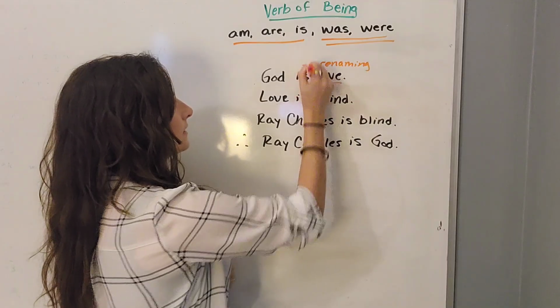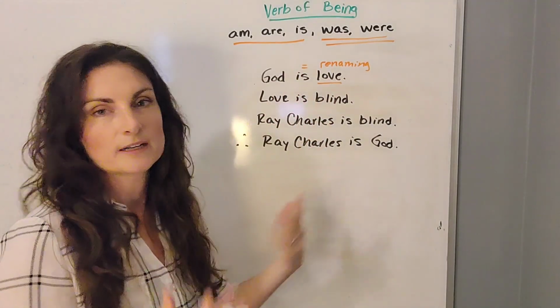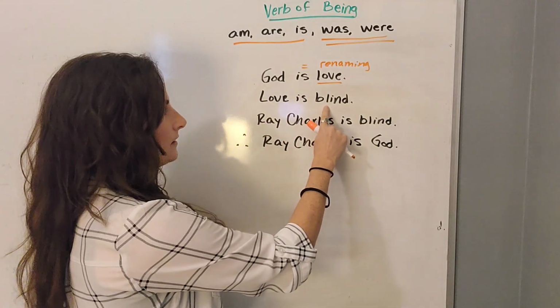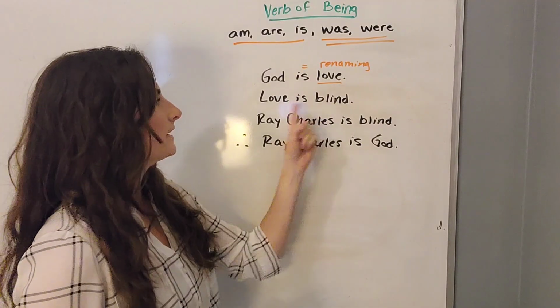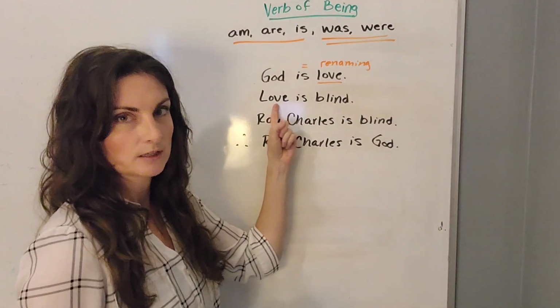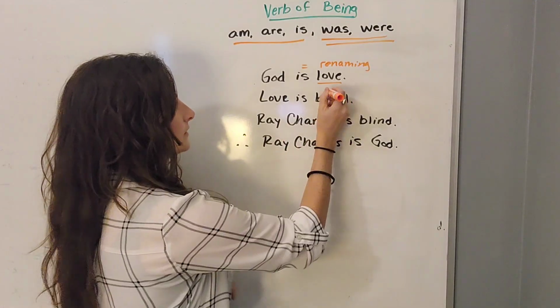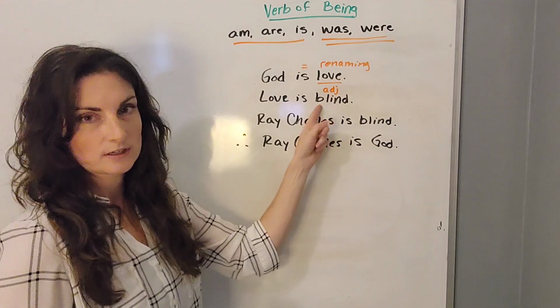So in this one, the is can be qualified as an equal sign. However, love is blind. Blind is not renaming love. Blind is describing love. So this is an adjective. This is not renaming. This is an adjective.